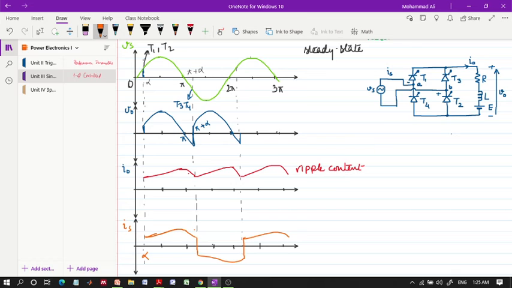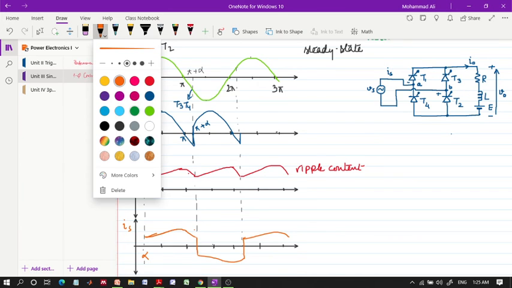Now we can just extend the discussion that has happened over here to our discussion from 0 to alpha, because as I have told earlier, we have already started this a long time back. So this point is our starting point, that is why we are taking it at 0 seconds. Let me take the same color.